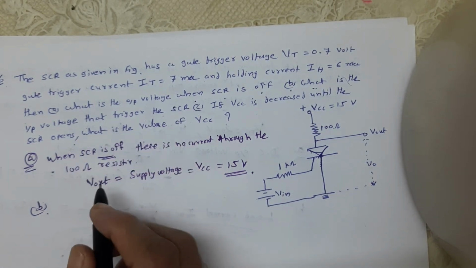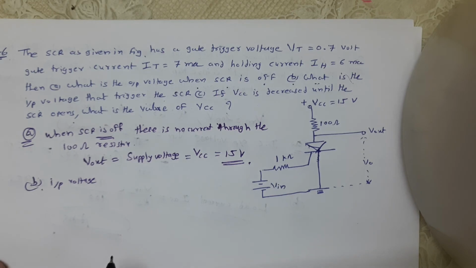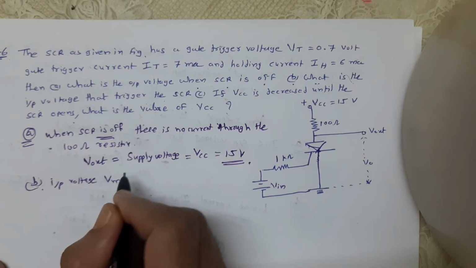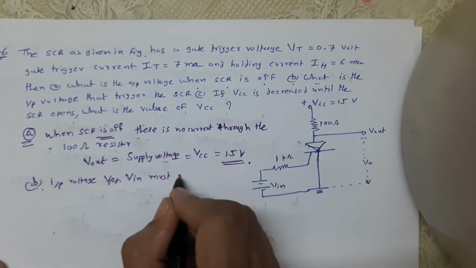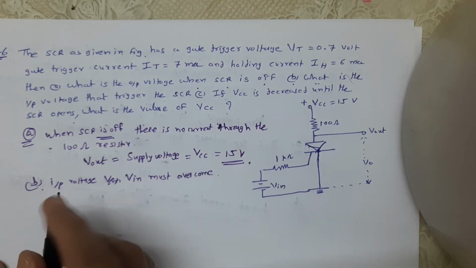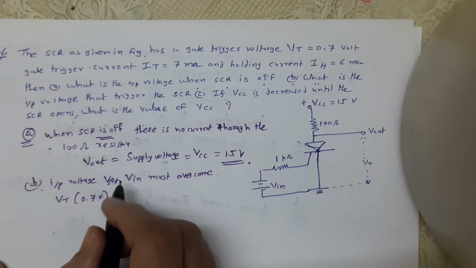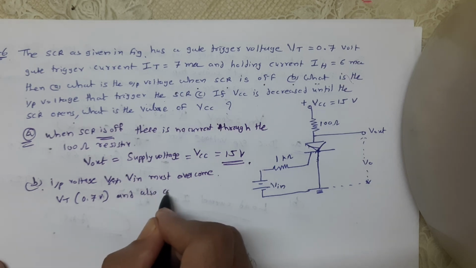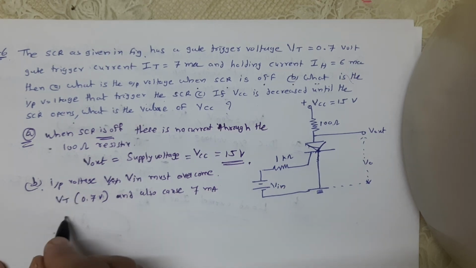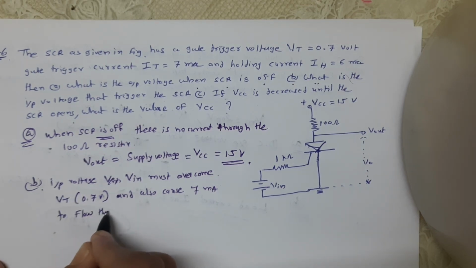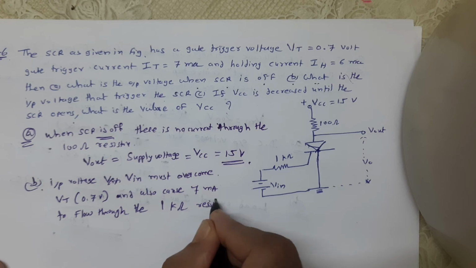So for this, the input voltage Vin must overcome Vt, that means 0.7 volt, and also cause 7 milliampere to flow through the 1 kilo ohm resistor.